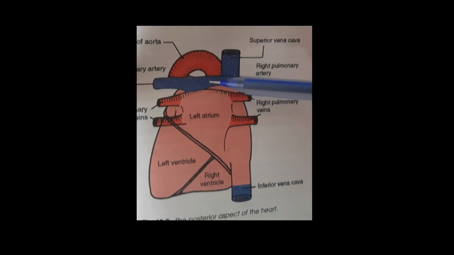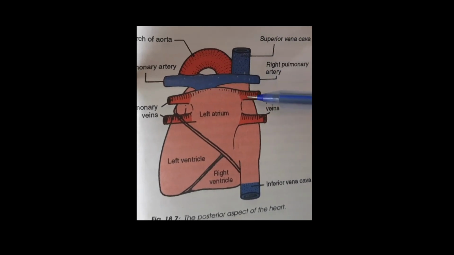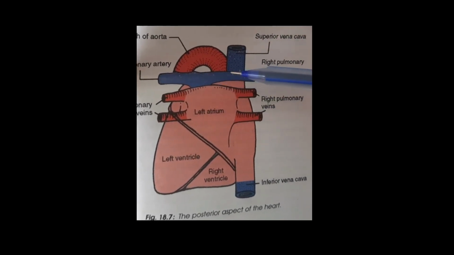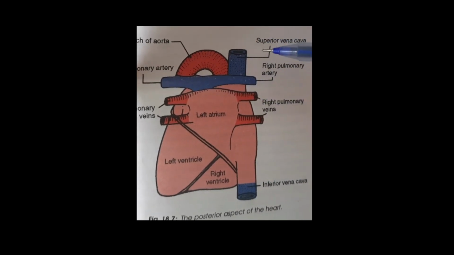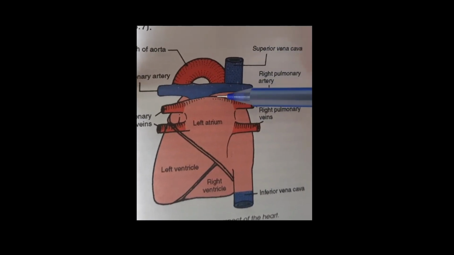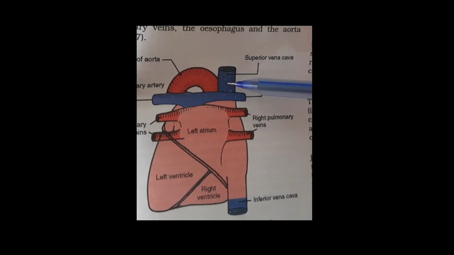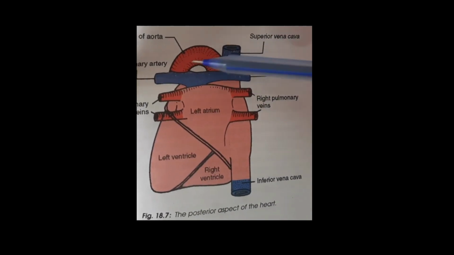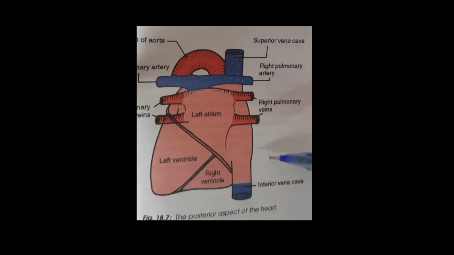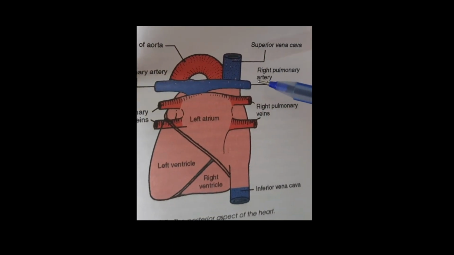Above that, we can see the pulmonary artery. So above the pulmonary veins, there will be the right and left pulmonary arteries. Also anterior to that, there will be the superior vena cava and arch of aorta. So these are the structures we can view from the posterior aspect.